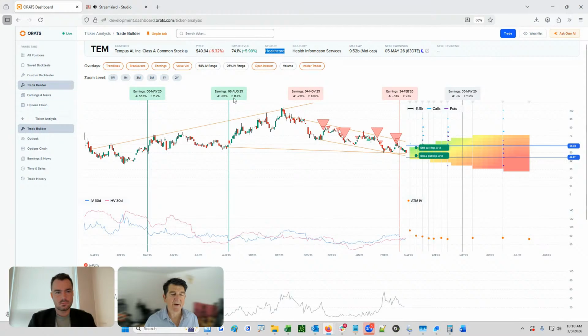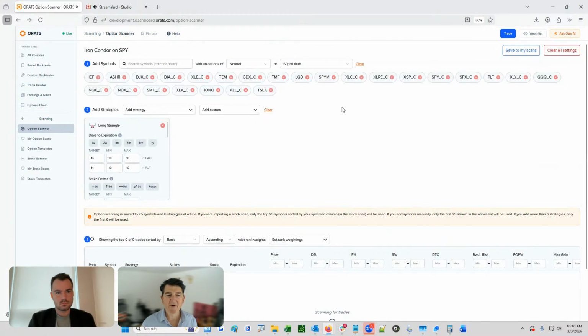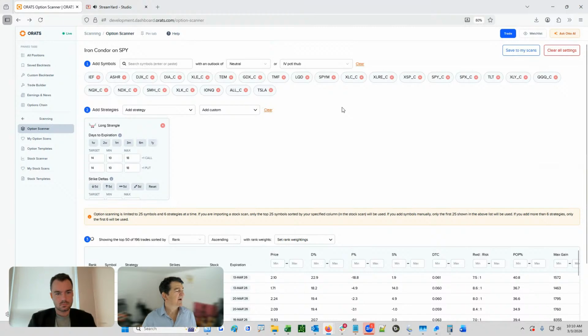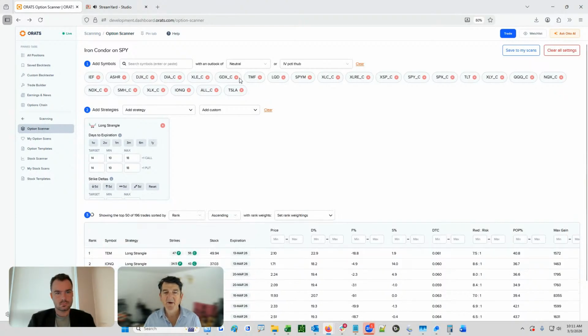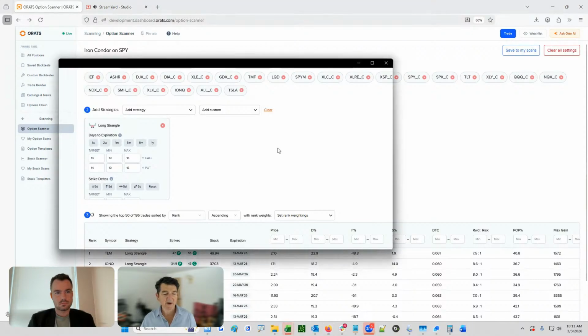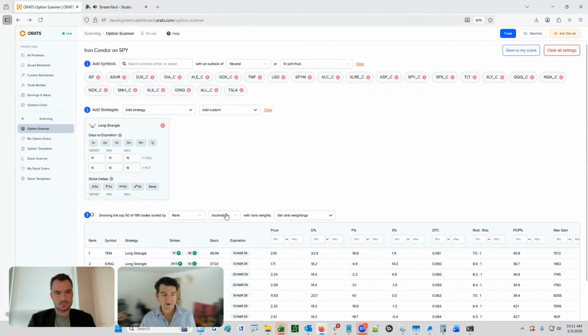We could go in and take out healthcare, but I'm not too fond of that, because healthcare stocks trade mostly on news, especially like TEM. So I could find this in the list and take it out, because I don't want something like that.